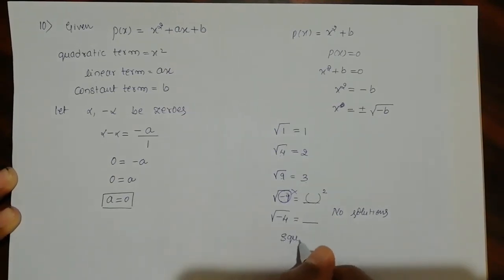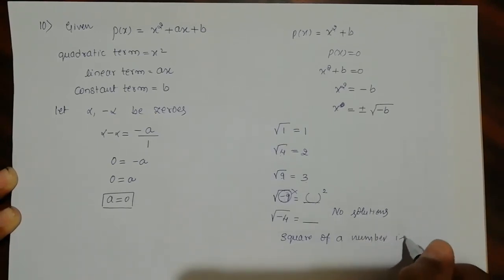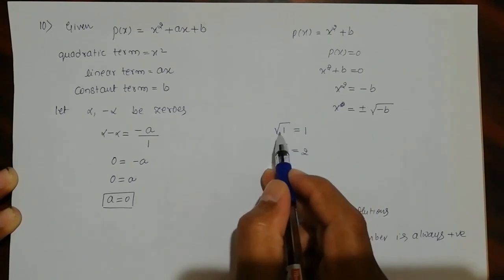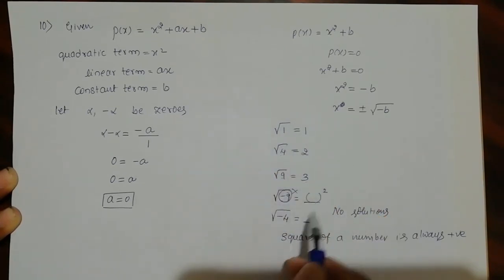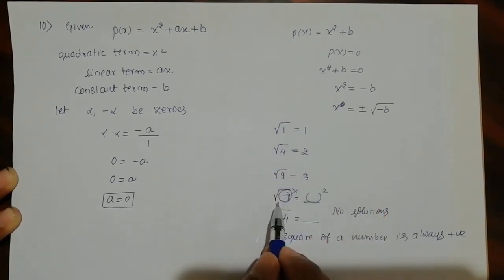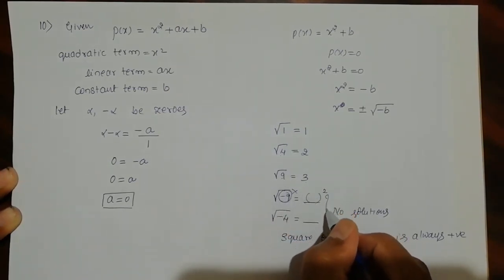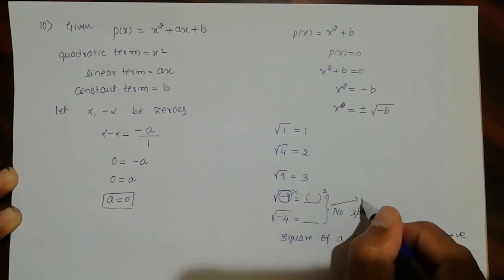Square of a number is always positive. So now look at here. Square this one, you will definitely get positive. So whose square will become negative? There will be no number. You will not get any number whose square is negative. So if there is a negative number within the square root, we can say it is not defined.